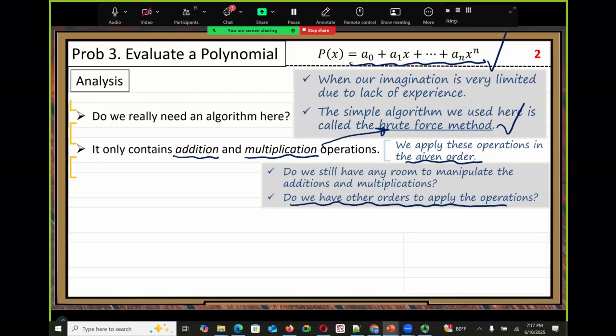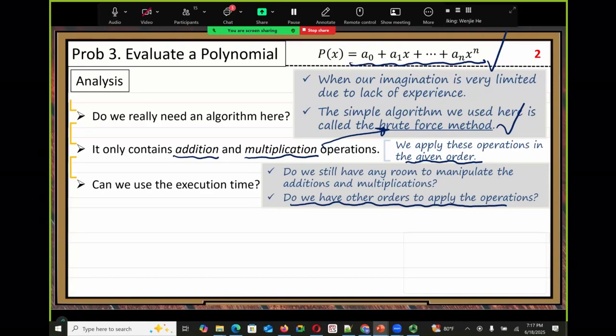This question is a little deep, because it's not easy to see which order to take the operations, additions and multiplications. So we need more information regarding the orders of the operations.